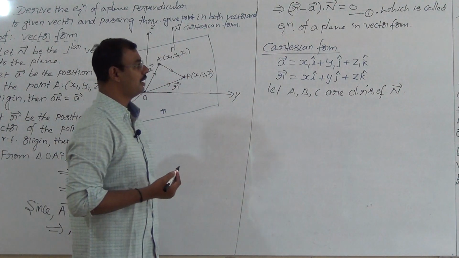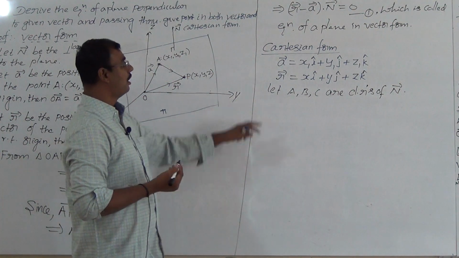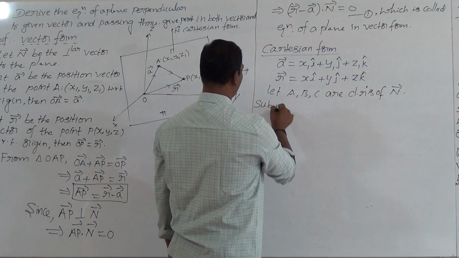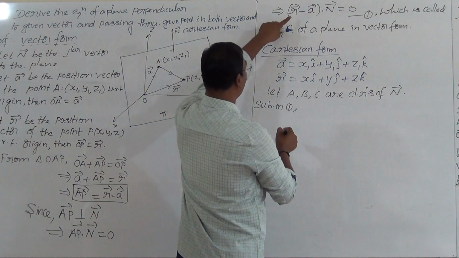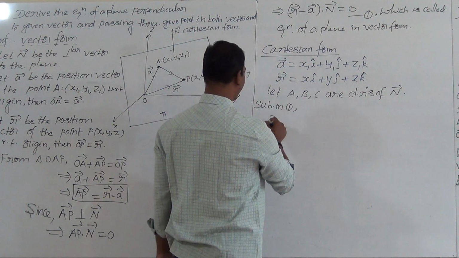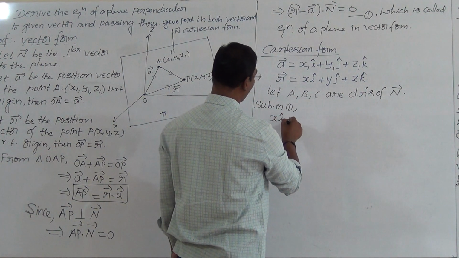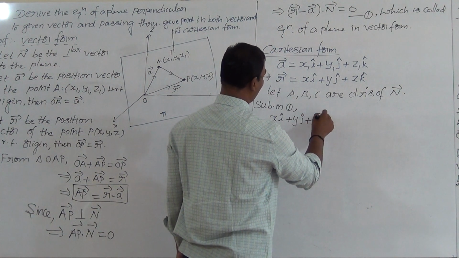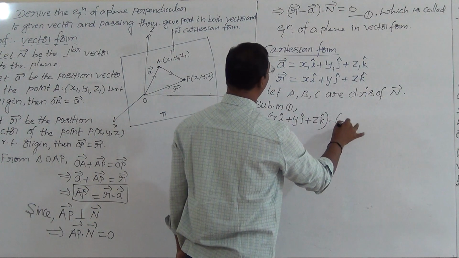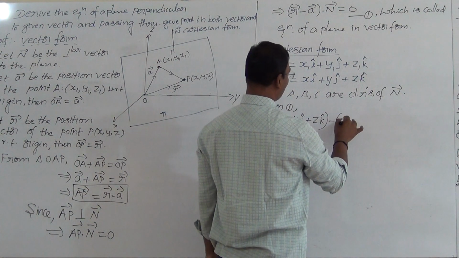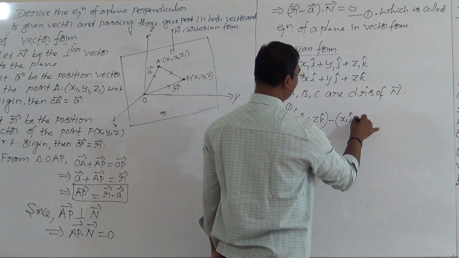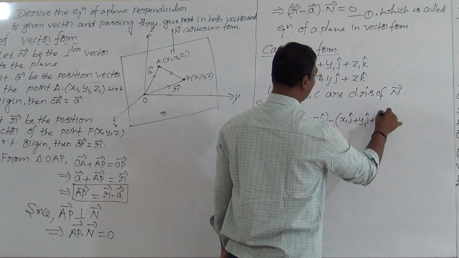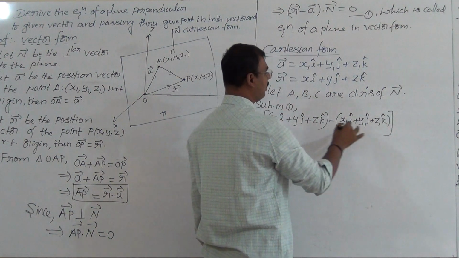Substitute in equation 1: (xi plus yj plus zk minus (x1i plus y1j plus z1k)) dot n vector.